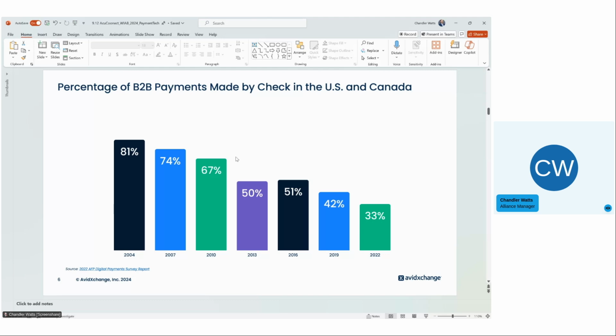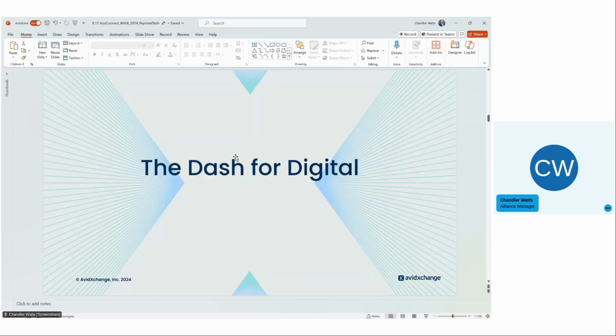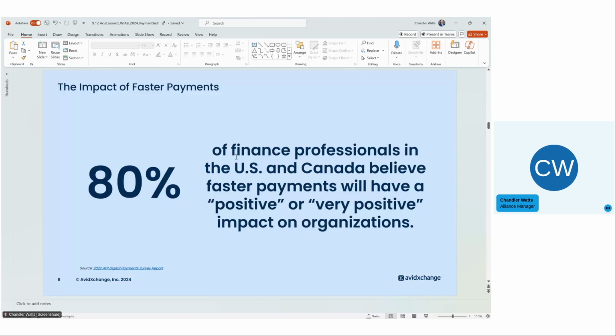And as you can see, we have quite a trend. 20 years ago, the majority of folks were making payments by check. Up to 10 years ago, we finally got down to that halfway mark. And today, the majority of payments are going to be an electronic payment method. So that's going to bring us into the dash for digital. Now, here's a little bit of the impact on the speed of the actual payment.